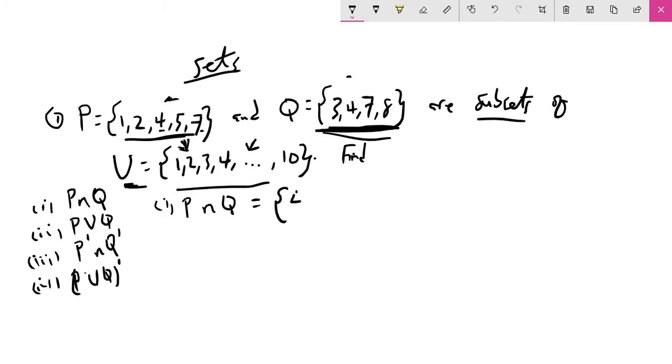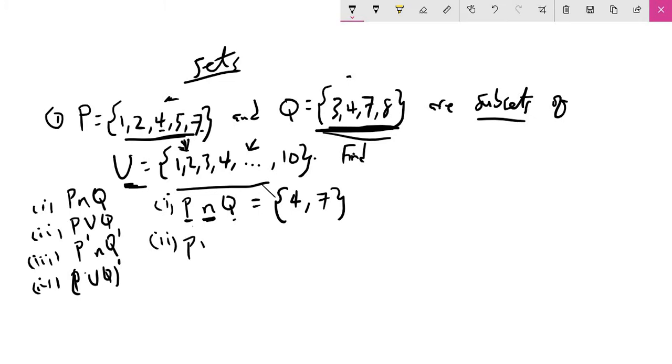So P intersection Q is equal to {4, 7}. So this symbol basically means intersection: what is common in both sets, P and Q.